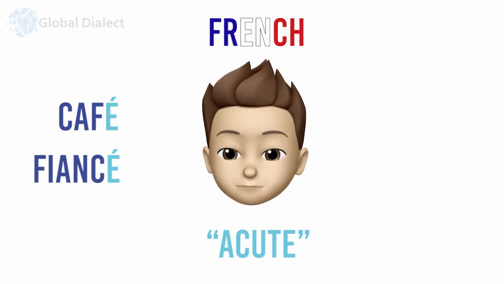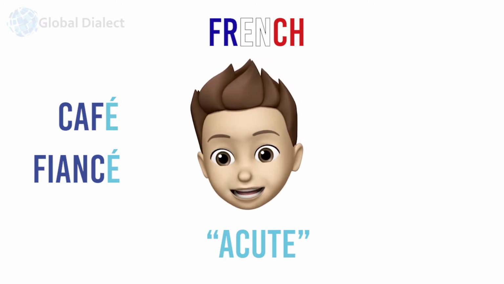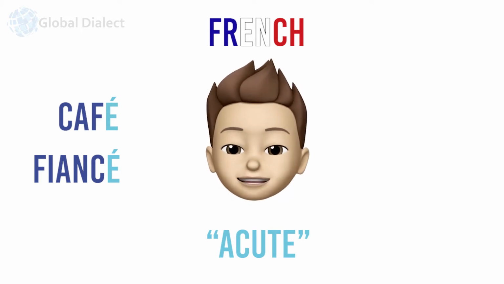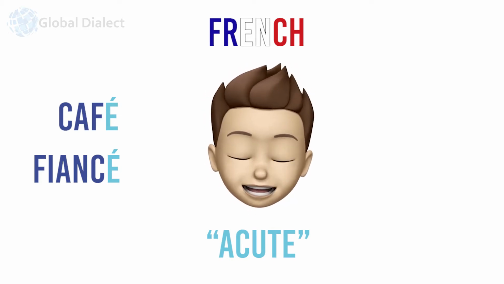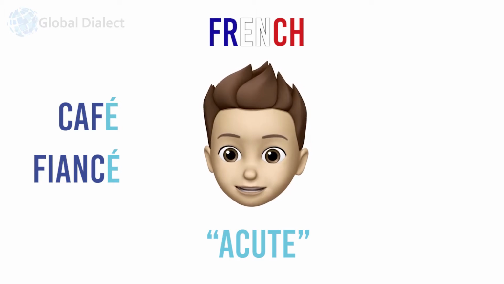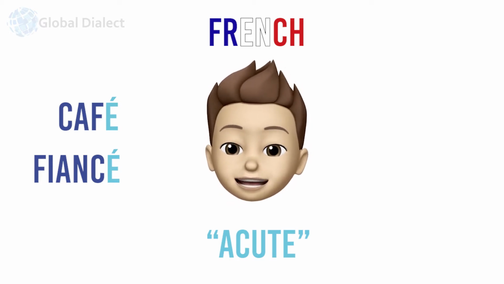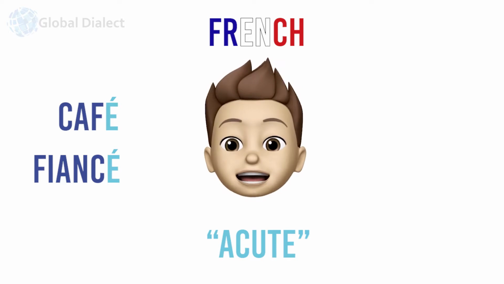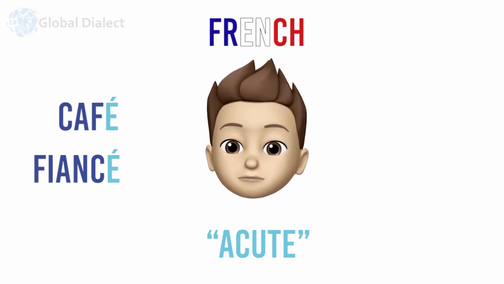So é is pronounced as ay. That is why we say café and not cafe, and fiancé and not fiancee. So e with that dash, which is the acute, is basically ay, hence café. Without the acute, we say cafe. Fiancé, without the acute, fiancee.